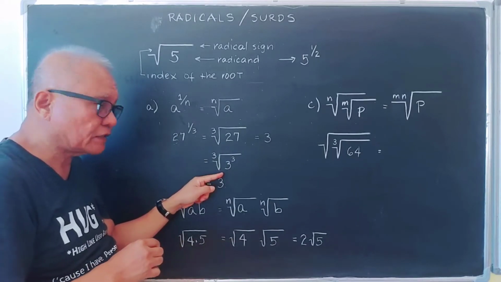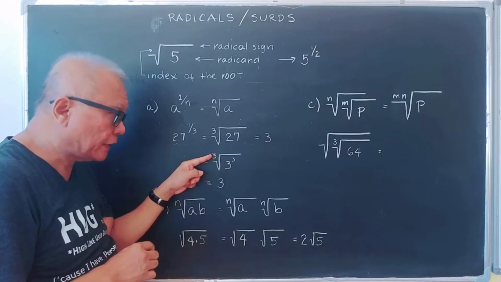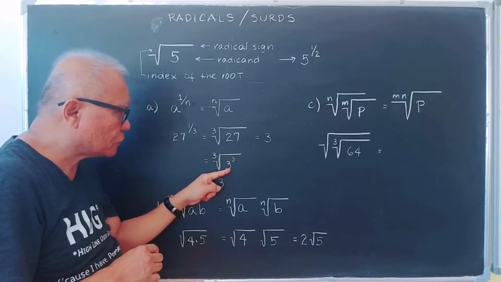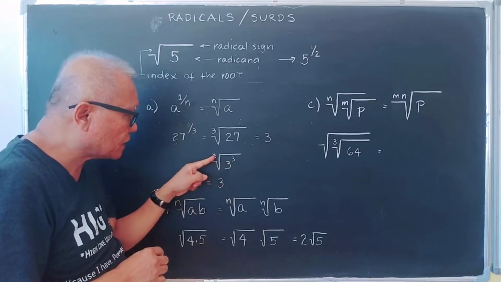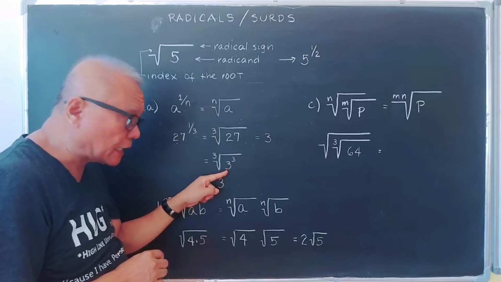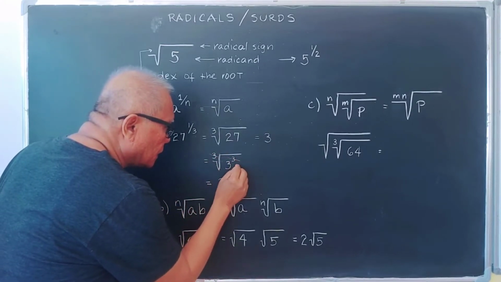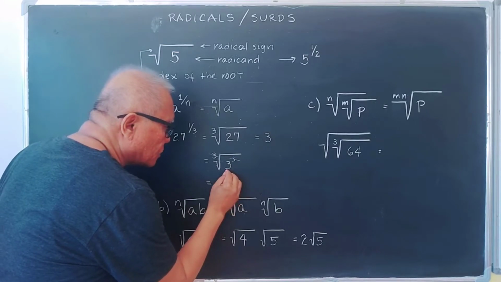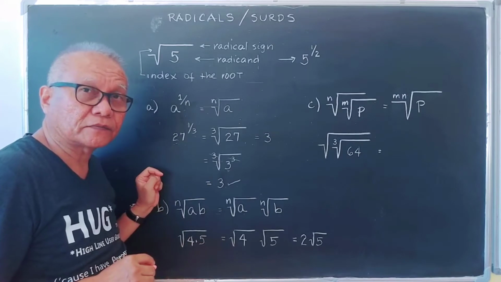Okay, this is another concept. If this one is cube root, we can change 27 to 3 raised to the 3rd power. When we have the same index of the root and exponent of the radicand, we can cancel the 3 here and the 3 here. So what remains is only the 3, which is our answer.